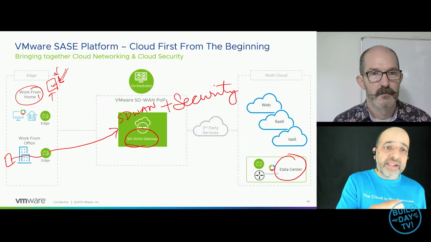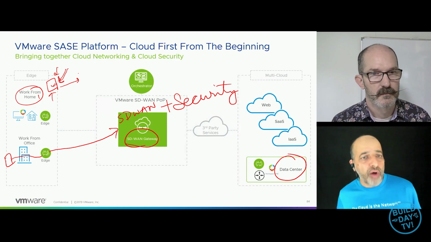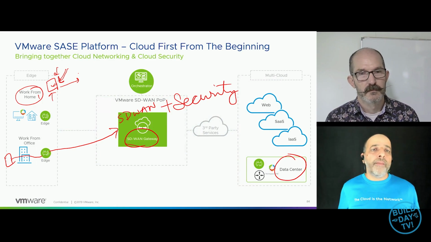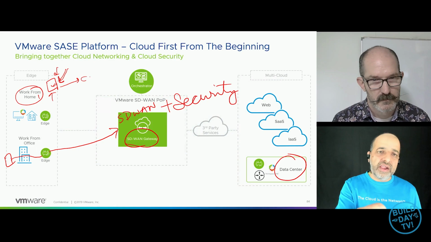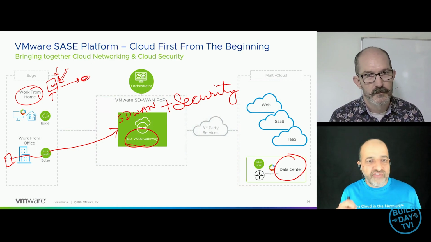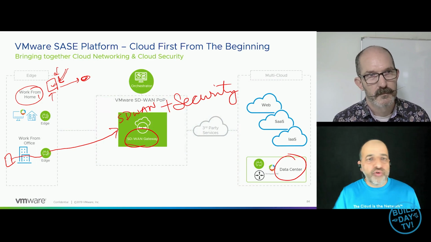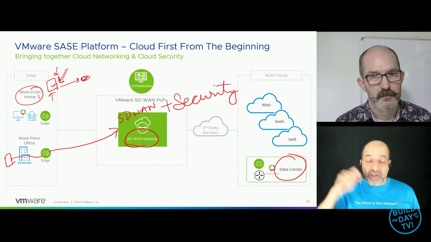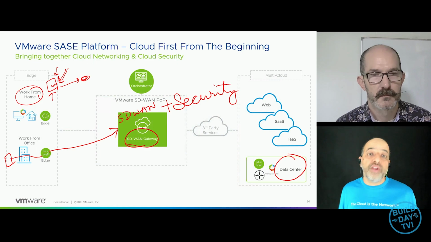Now, let's say I type in yahoo.com on that laptop. Based on the software sitting on this laptop, it will check whether this yahoo.com site needs to go directly to the internet or through the tunnel.